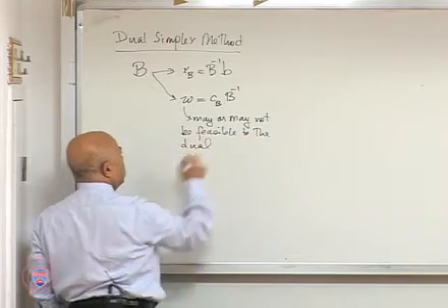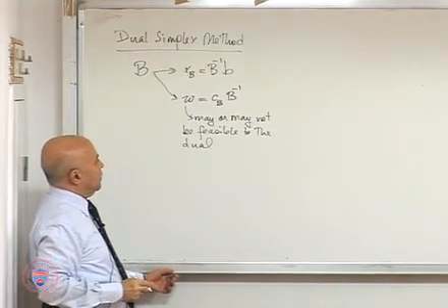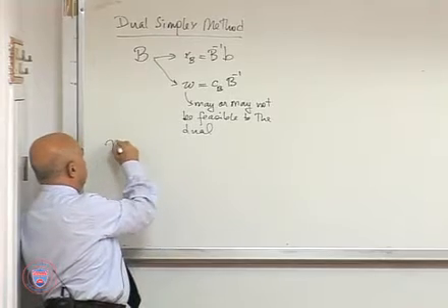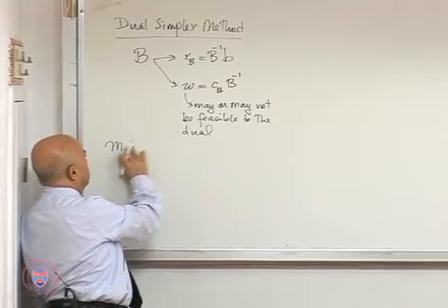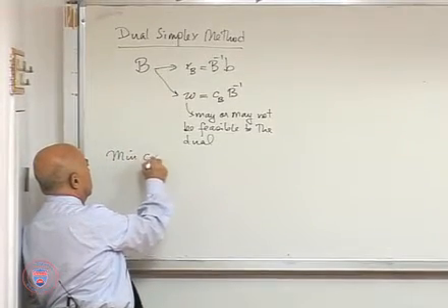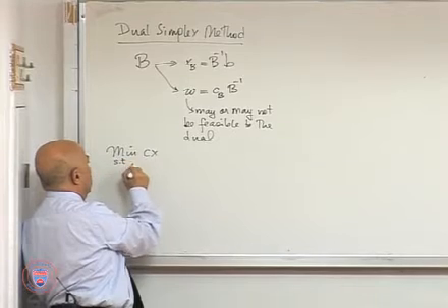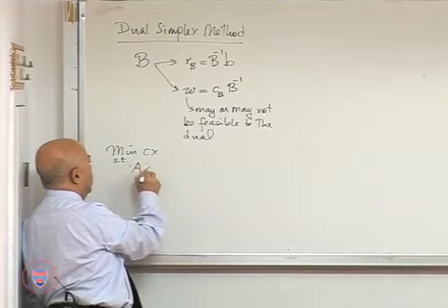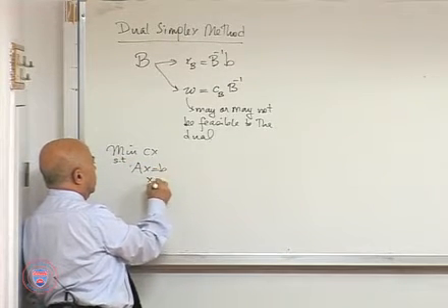What do I mean by feasible or not feasible? Well, for the standard form problem, minimize Cx subject to Ax equals b, x greater than or equal to 0.